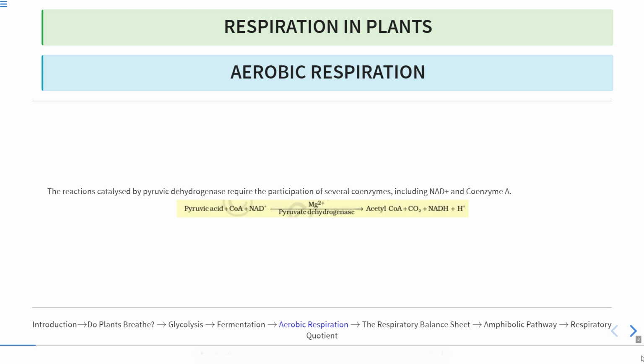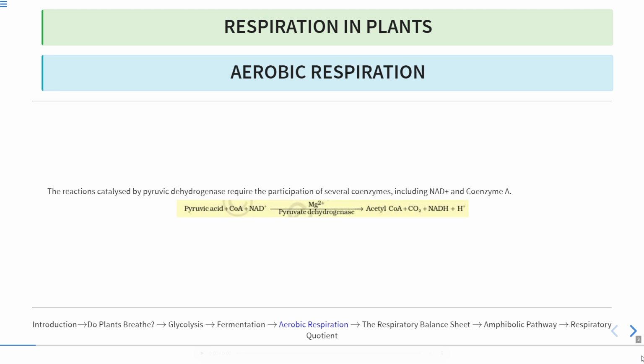Again, this reaction is catalyzed by pyruvate dehydrogenase, and it requires the participation of several coenzymes, including NAD and coenzyme A. In the presence of pyruvate dehydrogenase, there is also a requirement of the magnesium ion for the activity of this enzyme, and magnesium ion is very important. The pyruvic acid combines with coenzyme A and NAD, NAD is reduced to get NADH2, 1 carbon dioxide is removed, and acetyl coenzyme A is formed.